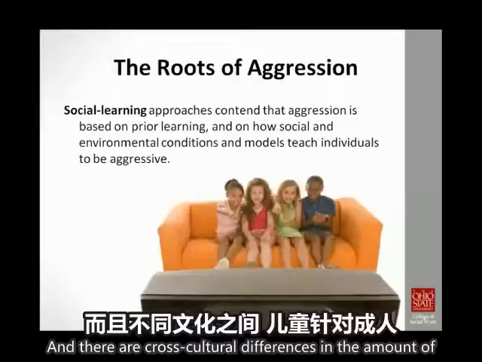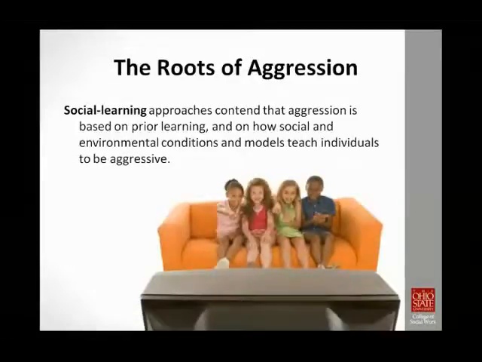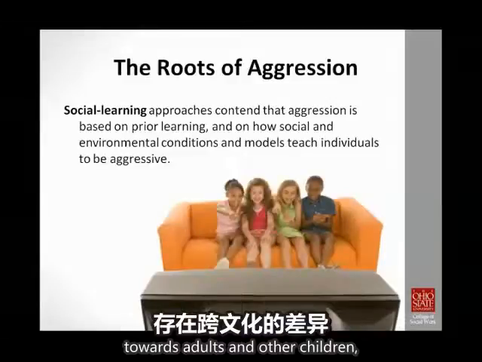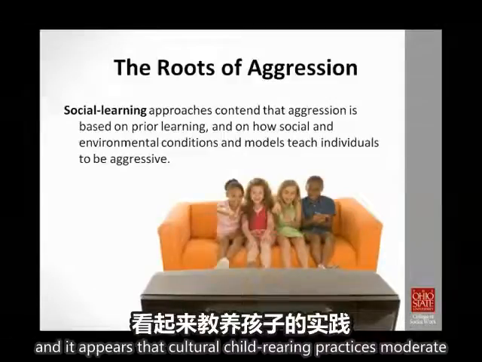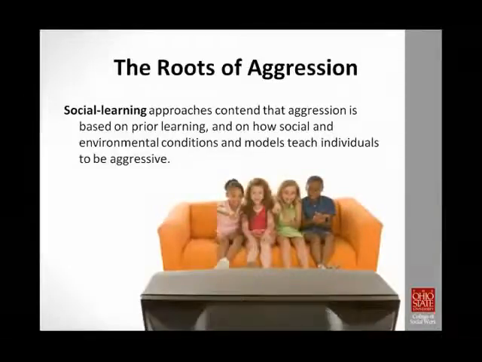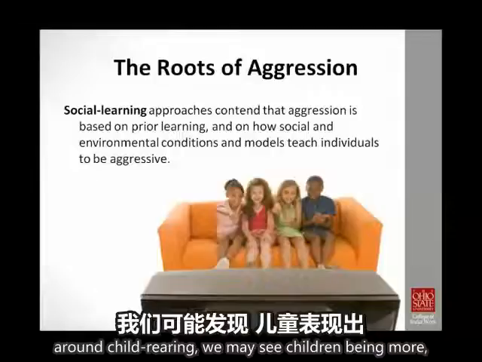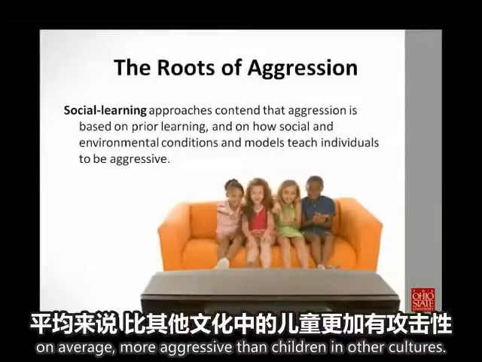Now, there are cross-cultural differences in the amount of aggression committed by children towards adults and other children, and it appears that cultural child rearing practices moderate the patterns of aggression in children. So depending on what the cultural norms are around child rearing, we may see children be, on average, more aggressive than children in other cultures.